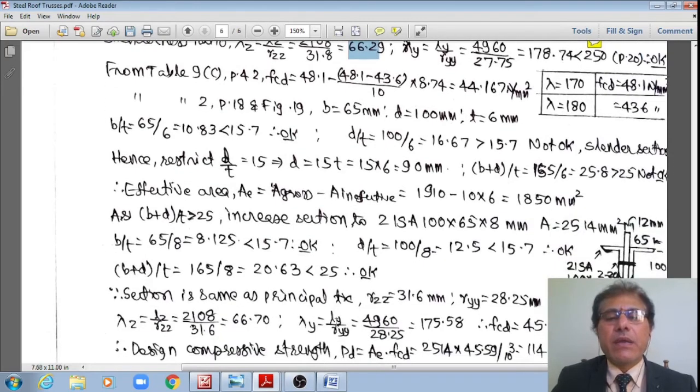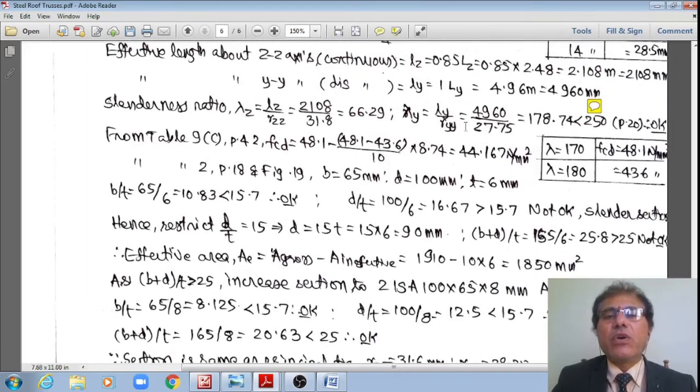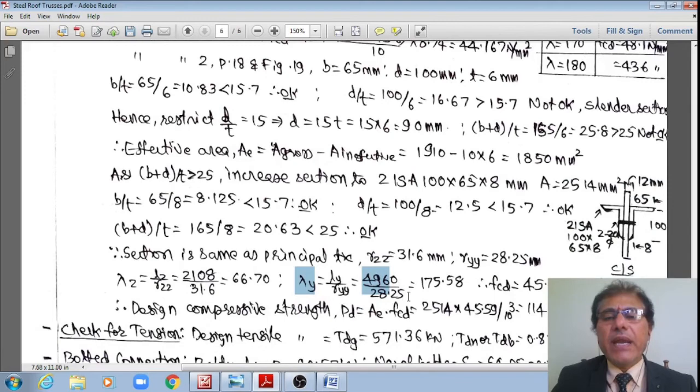The slenderness ratio about the minor axis is 4960 divided by 28.25, because these are the modified radius of gyration about the major axis, 31.6, and about the minor axis, 28.5.